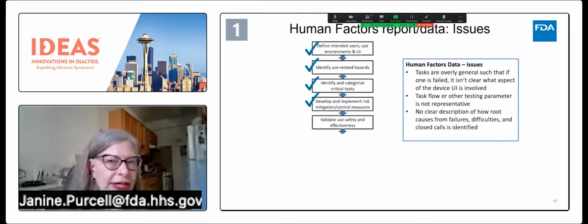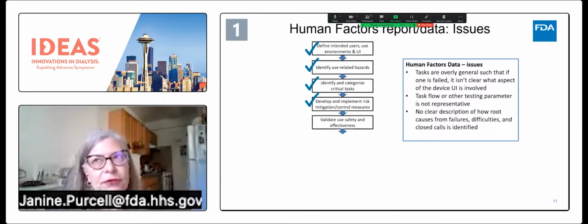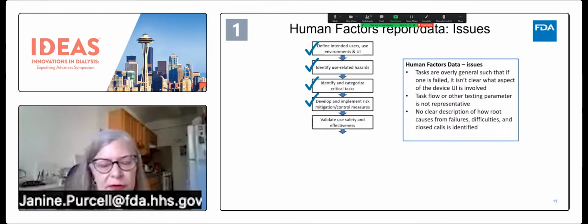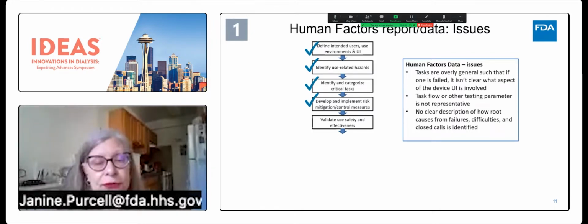And so that you can do that scoring, because the scoring of task success or failure directly feeds into the expectation that you will perform qualitative analysis on each and every use error, difficulty, or close call that occurs in the study, and interview the test participants on what occurred, so that you can perform a root cause analysis of those incidents, specifically to identify places where the device user interface can be improved to help lower the incidence or probability that those things will happen in actual use.